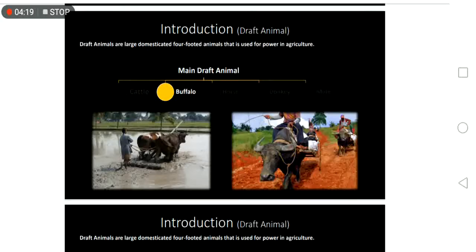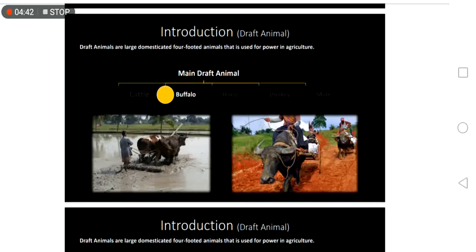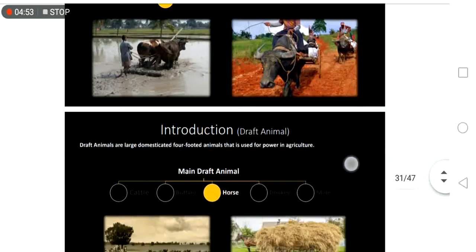While on the right side of our screen, you can see that the carabao is used to transport harvested crops or some agricultural produce. And of course, there are many other agricultural operations that might use the power of the carabao.